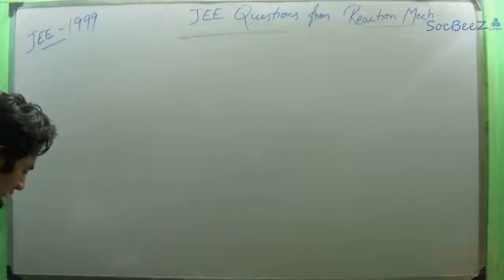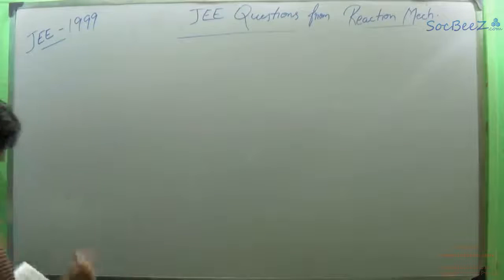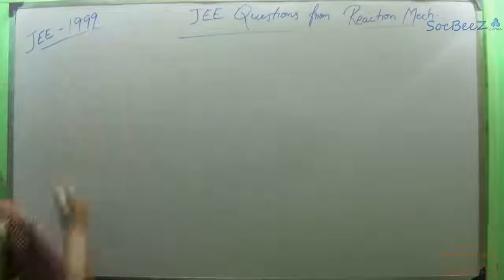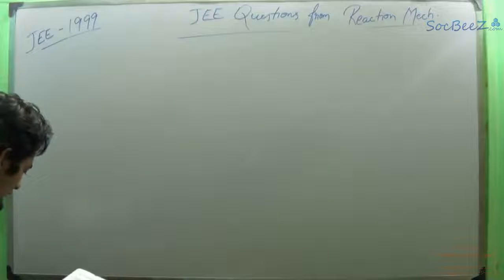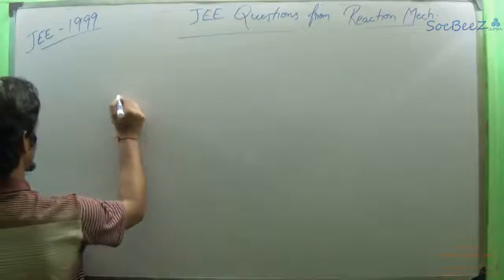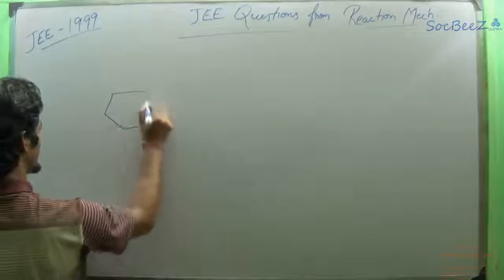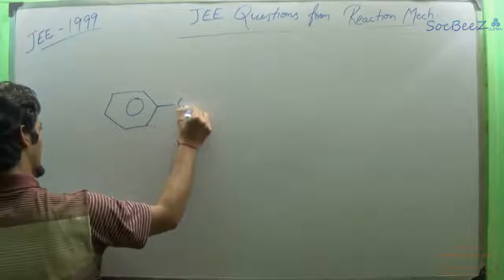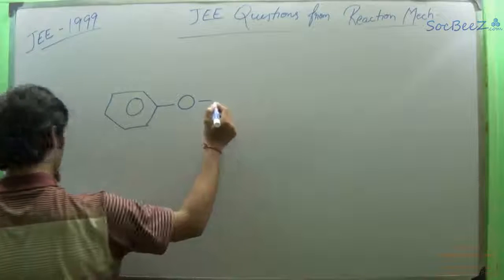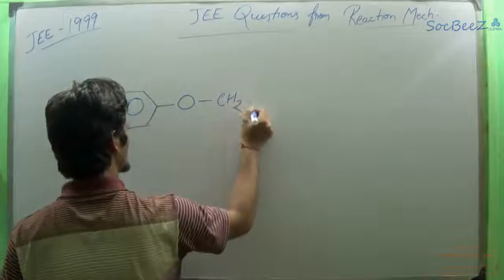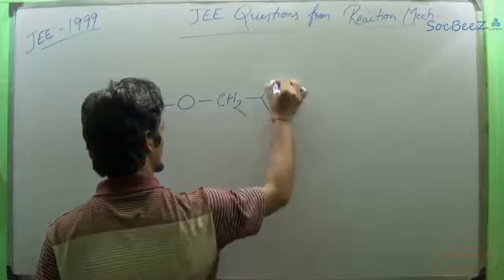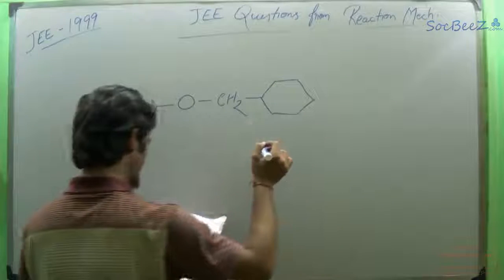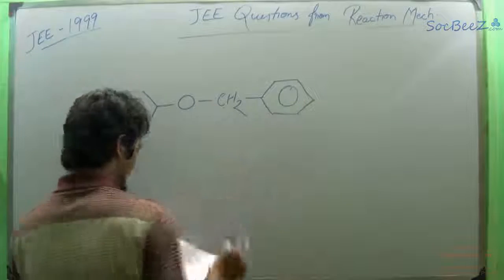Okay, the next question is from JEE 1999, and the question is the ether. We have an ether molecule which is a benzene ring, O, CH2, again a benzene ring.